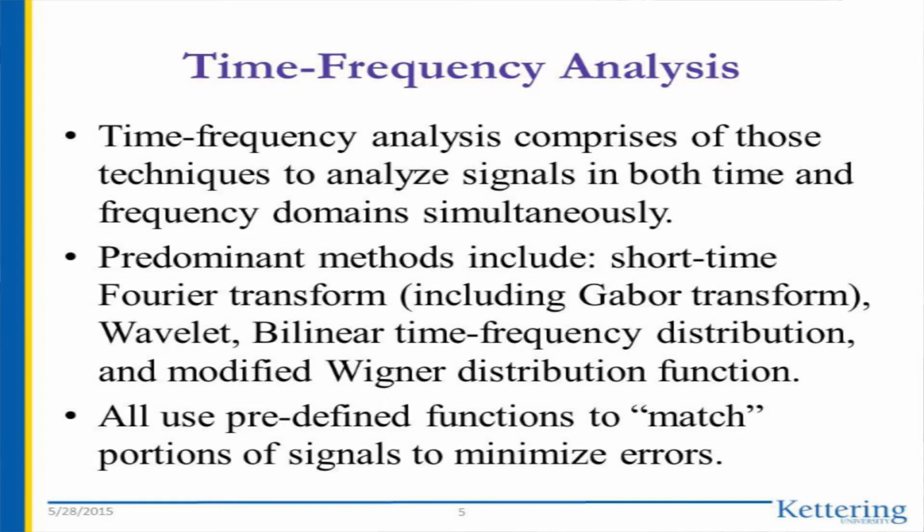So there are some methods that try to address this issue, which is to look at the signal magnitude simultaneously in both time and frequency domains. Some of the predominant methods include the short time Fourier transform, or STFT, the Gabor transforms, wavelets, which have been very popular, and bilinear time frequency distributions, the modified Wigner distribution functions.